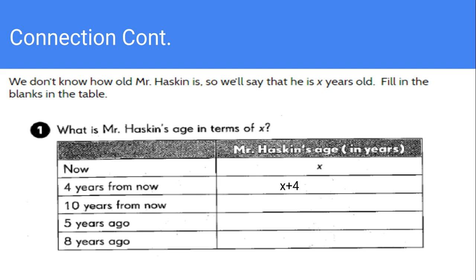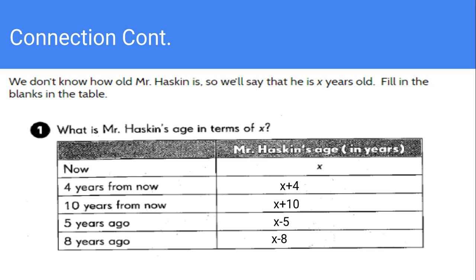So we're going to add 4 years to X, X plus 4. 10 years from now, we're adding 10 to X. 5 years ago, so we're talking about the past. So we're subtracting, X minus 5. 8 years ago, X minus 8.